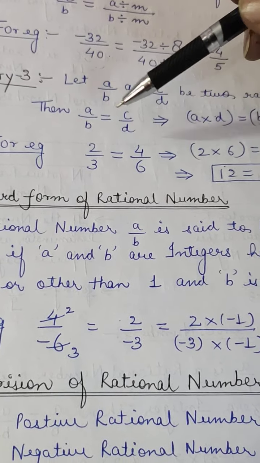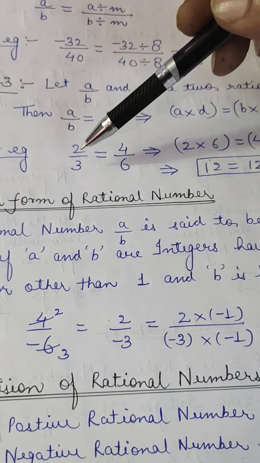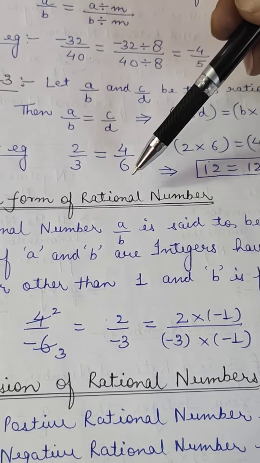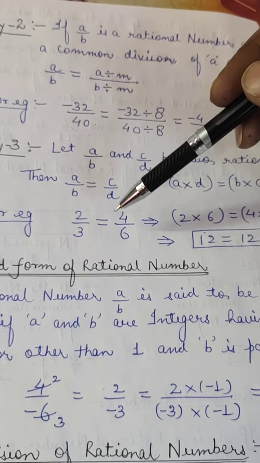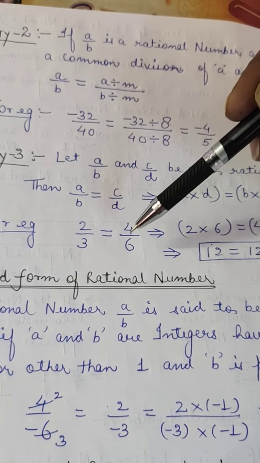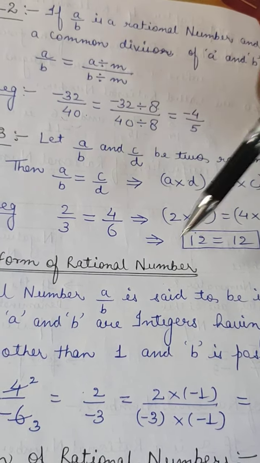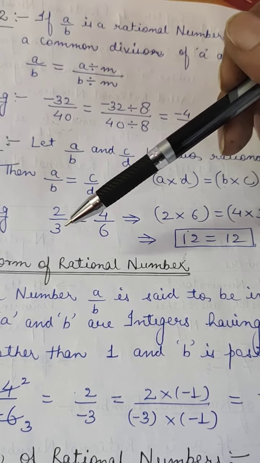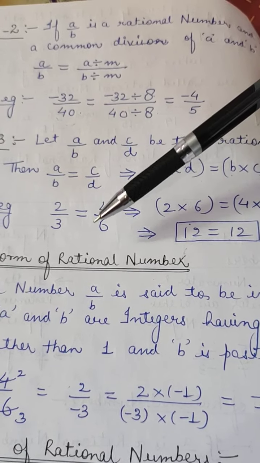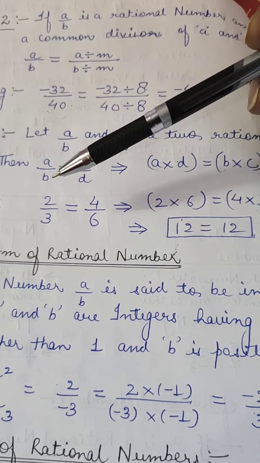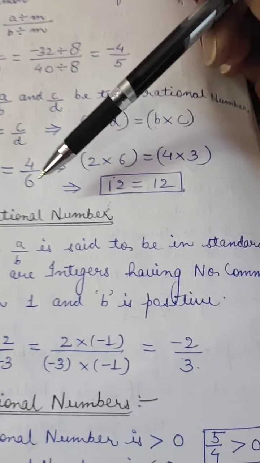That means if here we have taken 2 by 3 and 4 by 6, both these rational numbers are equivalent rational numbers. Then what we have done, we have multiplied 2 by 6 and the result is 12, and next we have multiplied 3 by 4 and the result is 12. Again, in case of equivalent rational numbers, if we multiply their cross products, then the result will be the same.